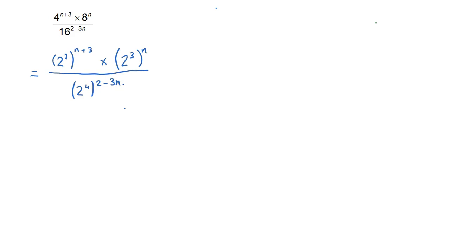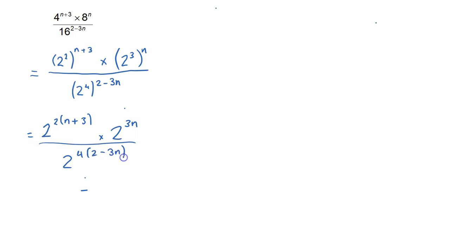Okay, so I've got a little bit of simplifying to do, and then I'll sort out my fraction. So we're going to do the brackets first. So here we're raising a power to another power. So it's 2 to the power of 2 times n plus 3, times 2 to the power of 3 times n, over 2 to the power of 4 times 2 minus 3n.